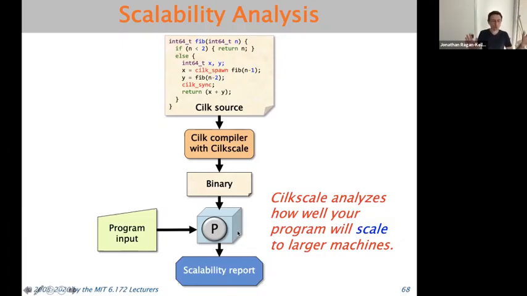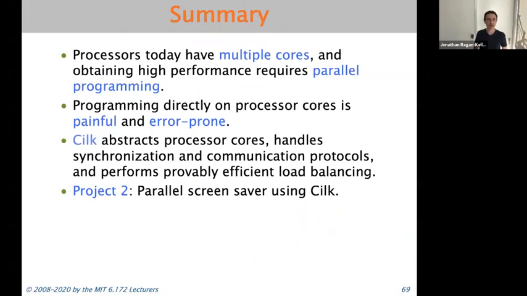Okay, so that's a whirlwind tour of different parallel programming systems and of Silk in particular, which we're going to be using in the next project in this class. To wrap up, processors today have lots of cores on them, and obtaining high performance because of that fundamentally requires writing parallel programs.